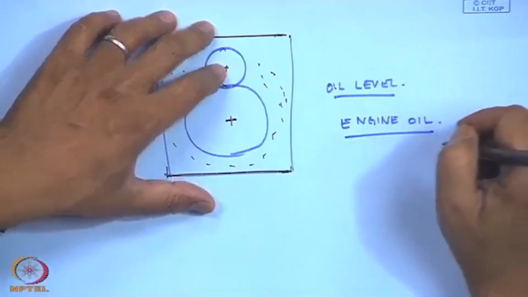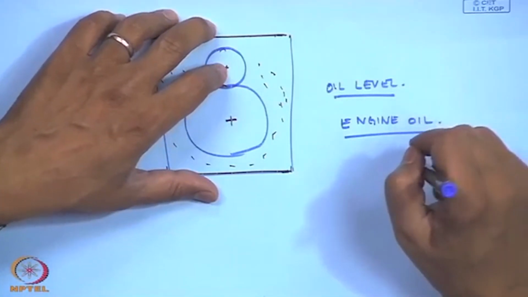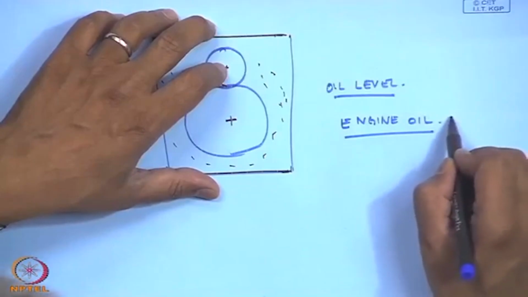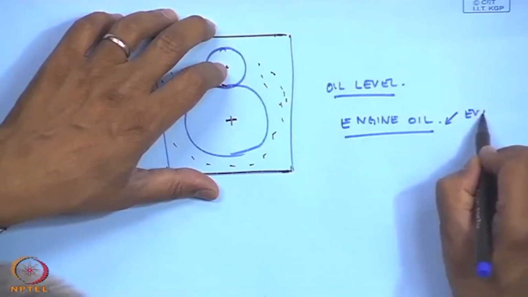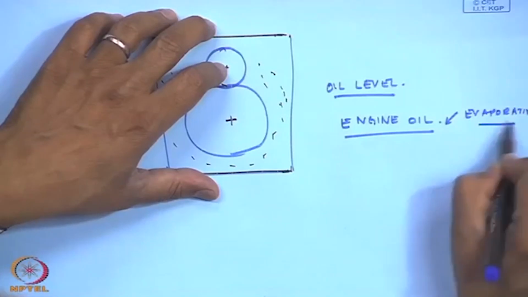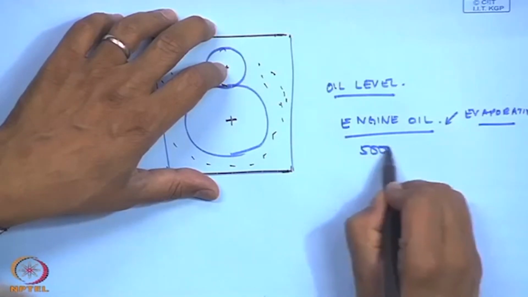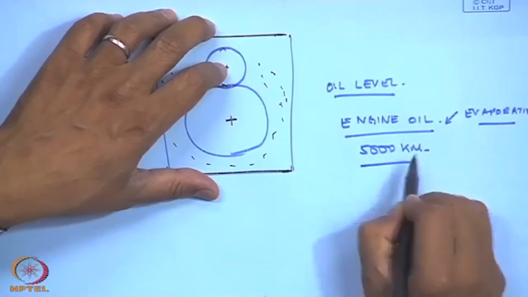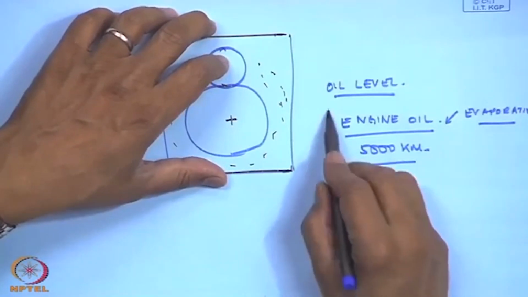Engine oil is exposed to much higher temperatures, because they are very close to the combustion taking place, and they lose out because of evaporation. We lose them. So, every maybe 5,000 kilometers we top up the lubricating oil.